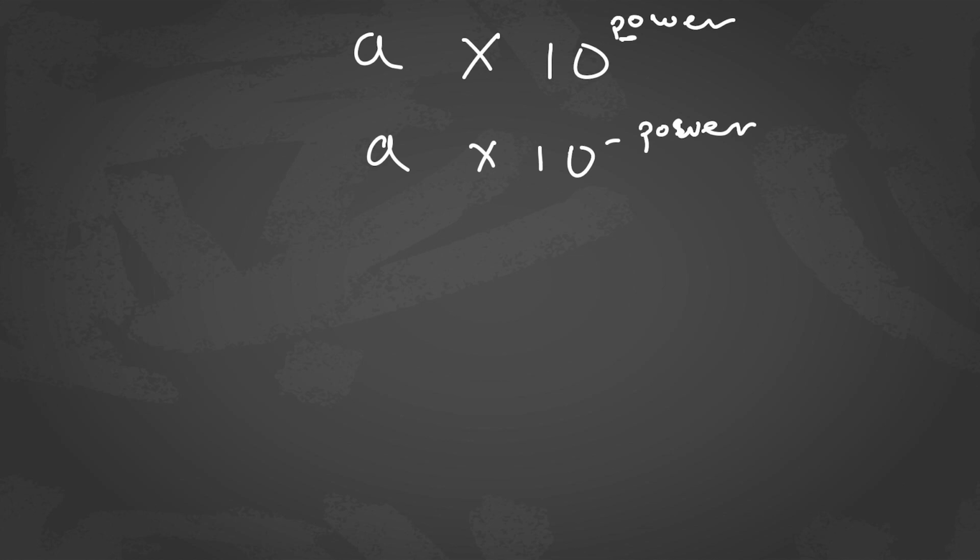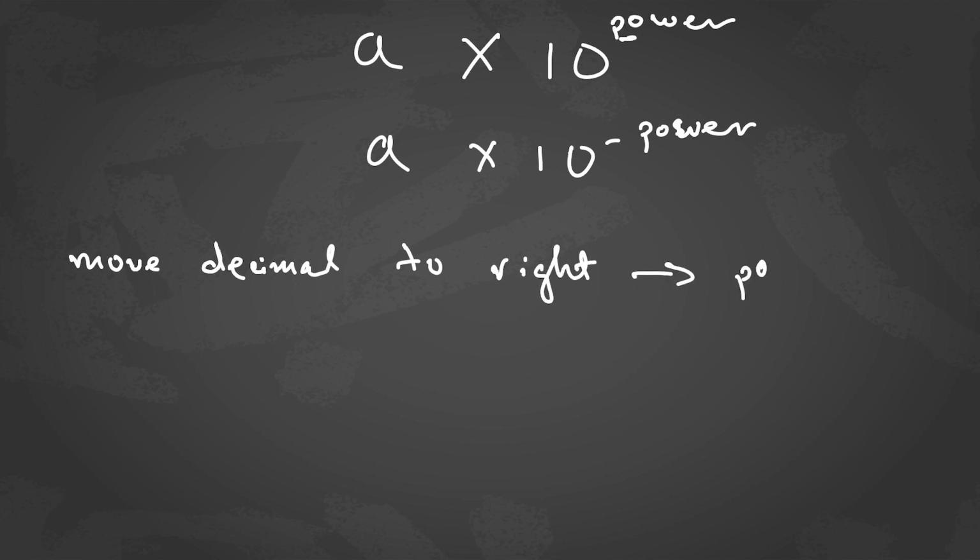And the reason for this is that the power, in terms of the sign, tells us the direction that we have moved the decimal. So for example, if I move the decimal to the right, it means that my power has to be negative.